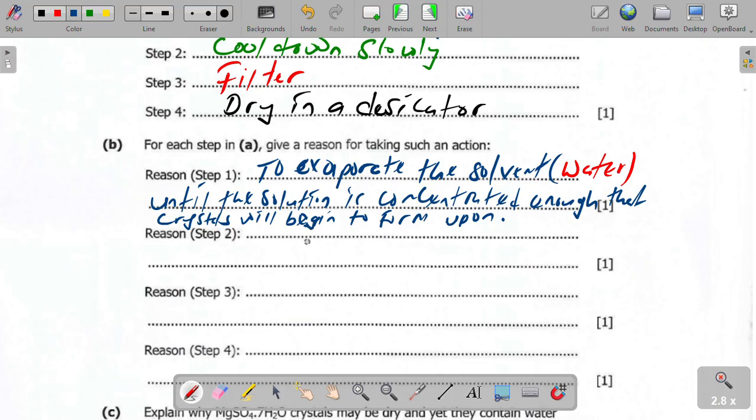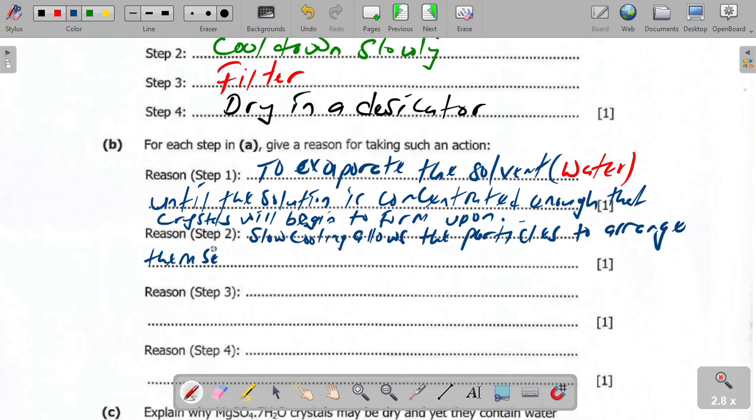Slow cooling allows the particles to arrange themselves into a regular lattice structure.